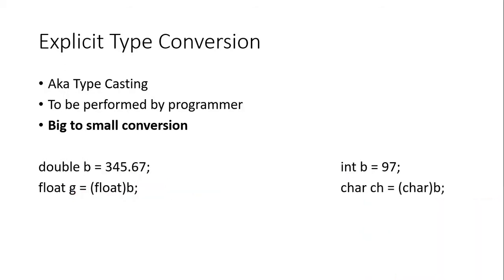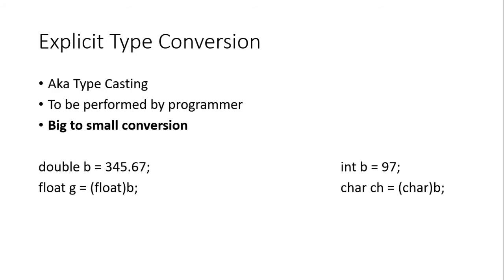Another case over here would be int b is equal to 97. And let's say we want to convert this to character. Since int is a larger data type as compared to character, it'll be explicit type conversion. So the programmer will have to type something. Since the variable is b, we write that at the end, and we want to convert it to character, so we write char in the brackets. And so this 97 value will get converted into a character.